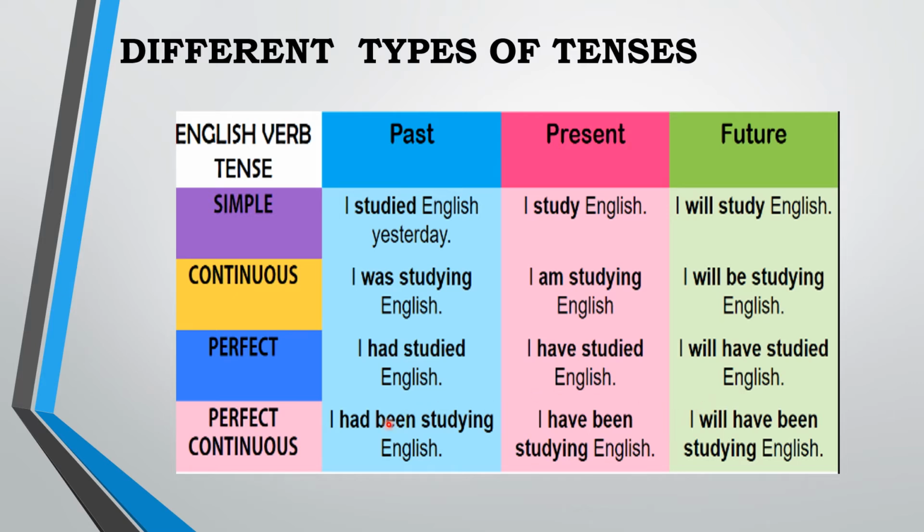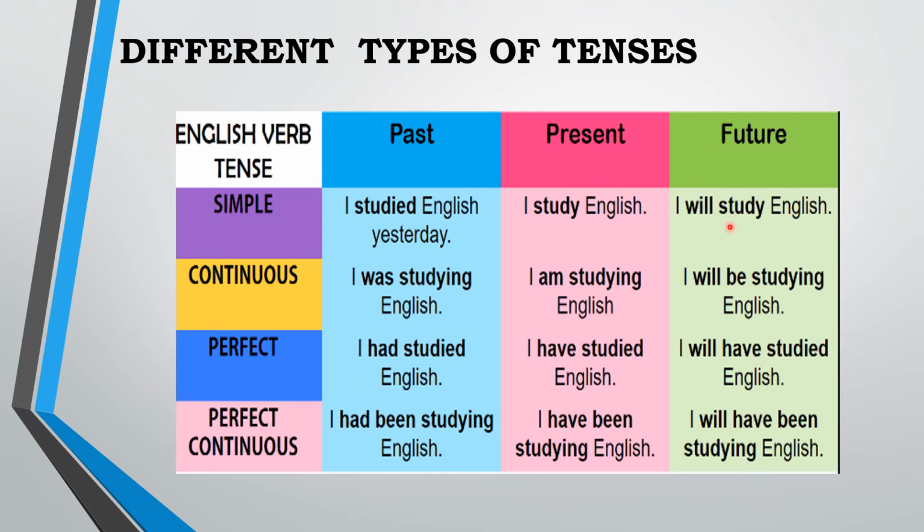So you can see here we have added had been for past perfect continuous, have been for present perfect continuous, and will have been for future perfect continuous. So if you see, had studied becomes had been studying for continuous tense. Have studied becomes have been studying for present perfect continuous, and will have studied is converted into will have been studying for future perfect continuous.